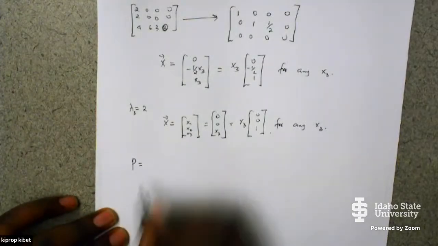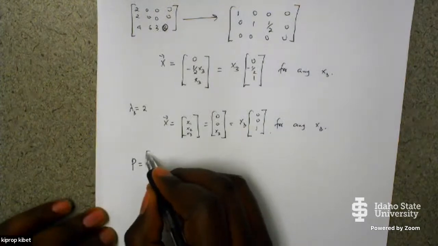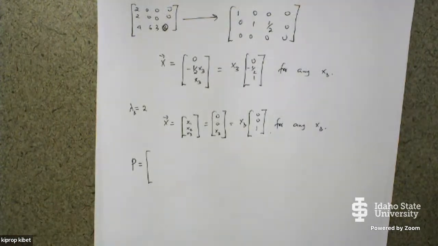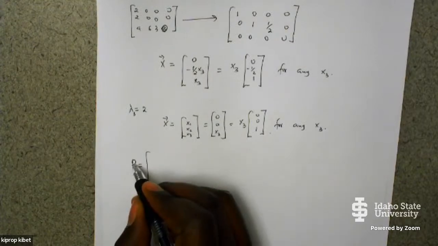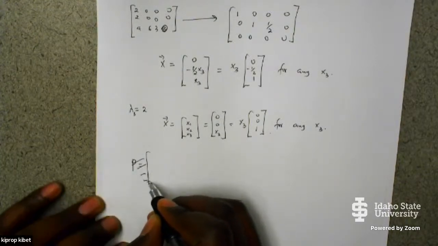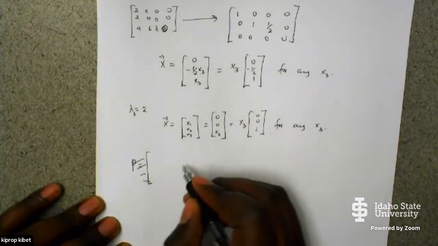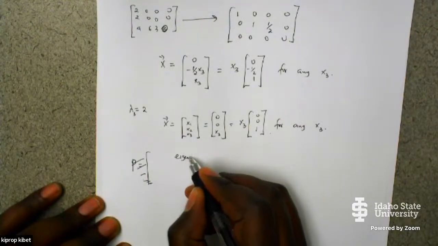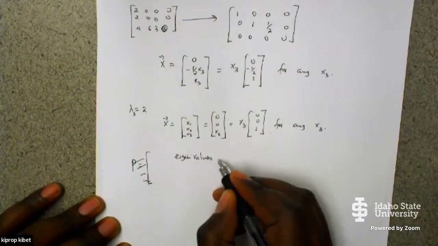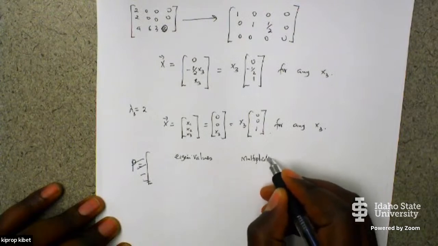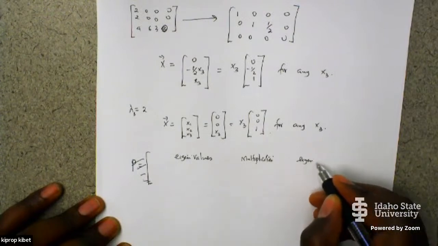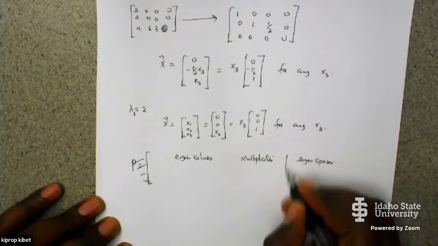So our P is now equals to, for lambda 1, so what you can do, before you write this, you can just write the eigenvalues and then multiplicities and then eigenspaces.